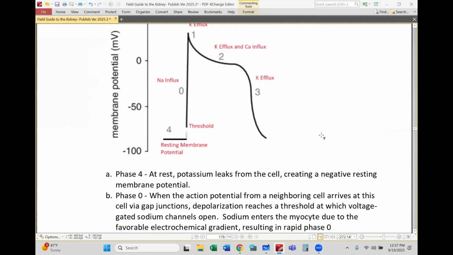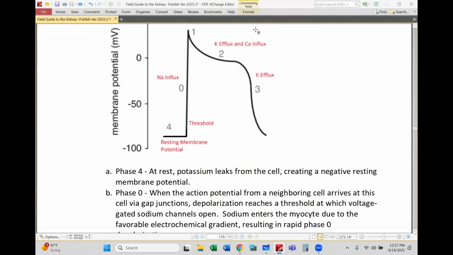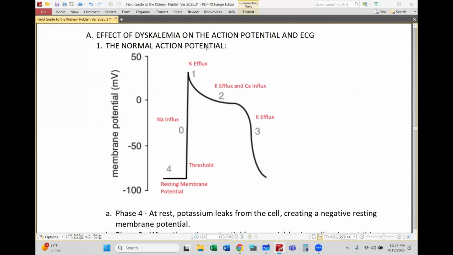Remember, even my muscles have to allow K to leave the cells in order to repolarize. If I put a tourniquet on that limb, the muscles that are trying to repolarize are going to cause high K content in that limb.